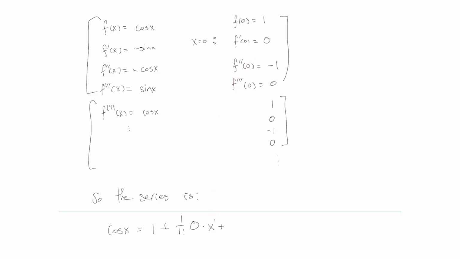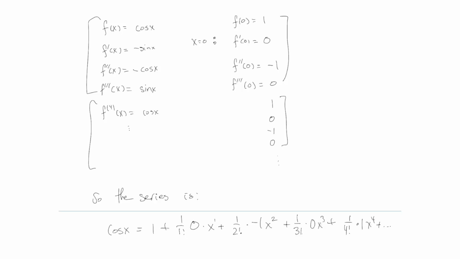And then x to the 1 is the power of x. Next, 1 over 2 factorial. The next coefficient that I see up there is negative 1, and then x squared. The next one is 1 over 3 factorial times 0, x cubed. The next one, 1 over 4 factorial times 1, x to the 4, etc.